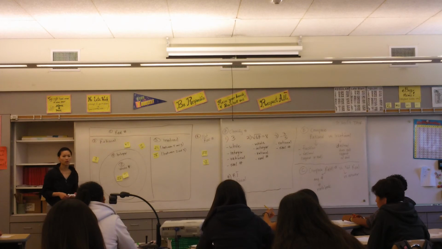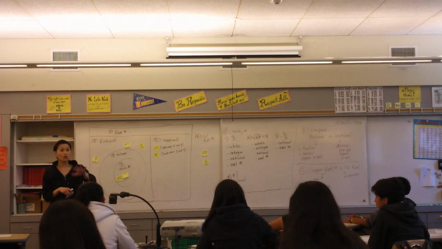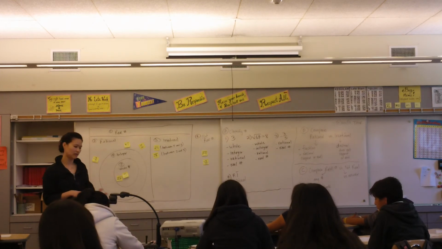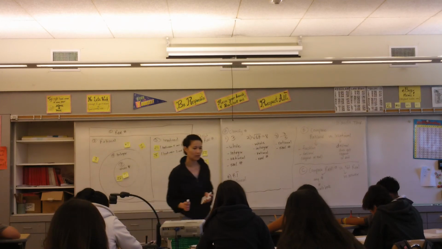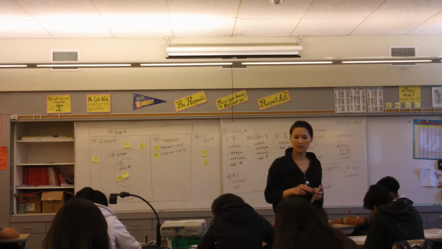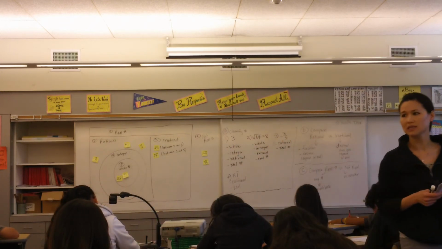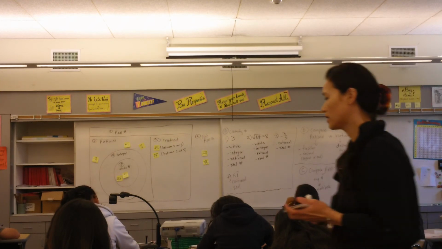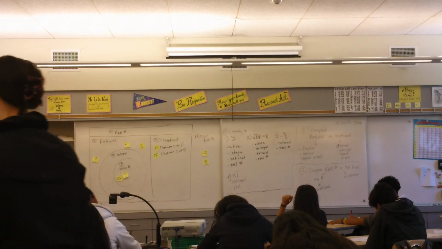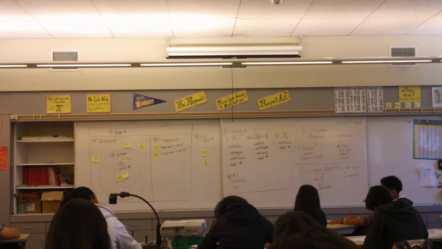I want you to write down 2 or 3 sentences. What have you learned today? I know you're going to be dismissed very soon, so please do that for me. Write down a summary, wrapping up what you have learned.